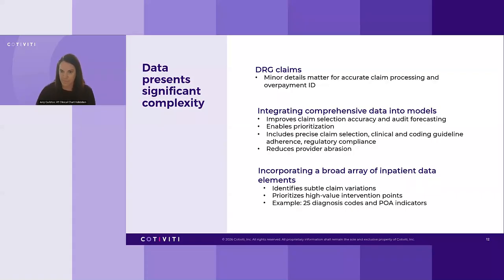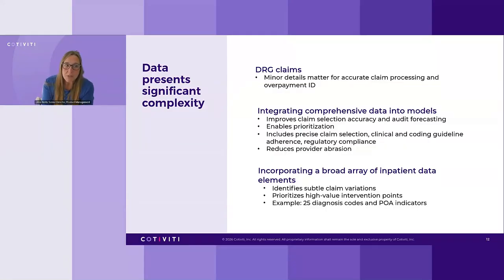Yeah, sure. So, one of the biggest challenges with inpatient payment integrity is that DRG claims are inherently complex. Every small detail, even the smallest of details, can materially change how the claim should be paid.